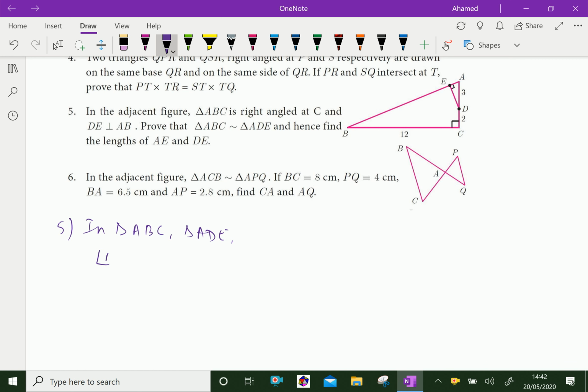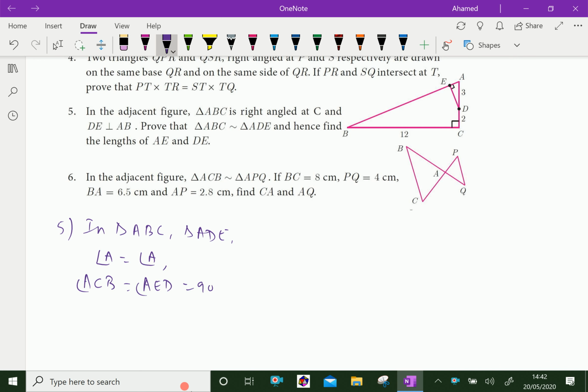Angle A is equal to angle A, and angle ACB is equal to angle DEA, angle AED.